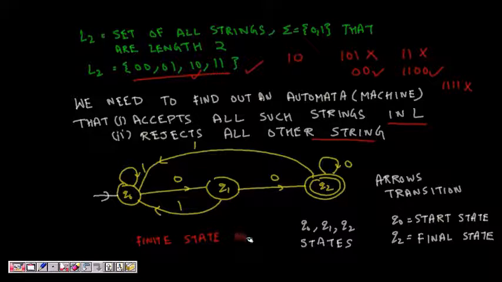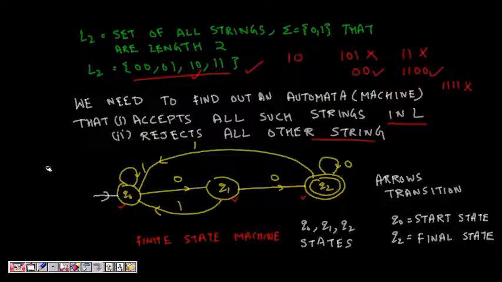Now you will ask, what is this? It is a kind of graph which has states. There are three states here, and these states tell what is happening. This is the start state.